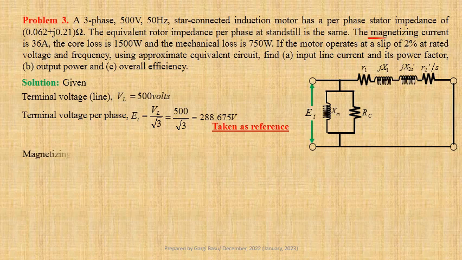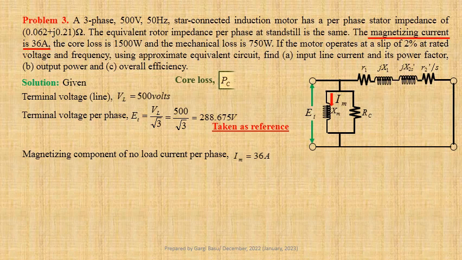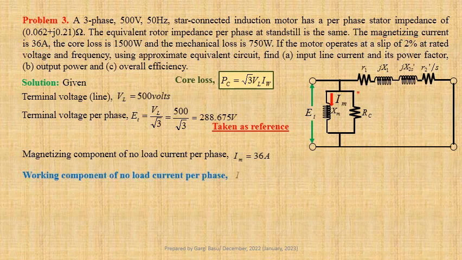Given magnetizing component of no load current per phase Im equals 36 ampere. Expression for core loss Pc equals root 3 times VL into IW. Therefore, working component of no load current per phase IW equals Pc divided by root 3 times VL. Given core loss Pc equals 1500 watts.